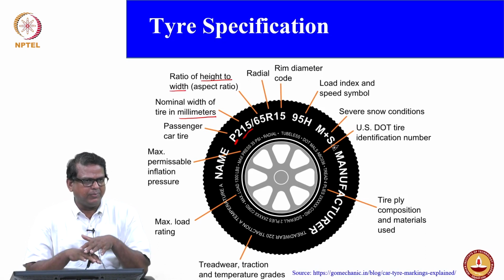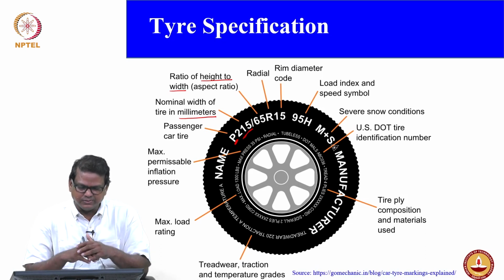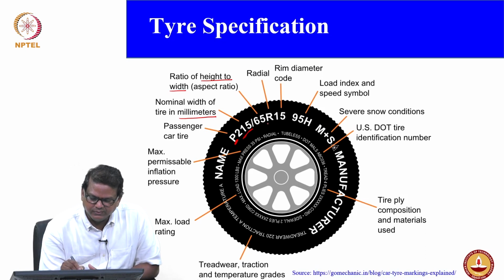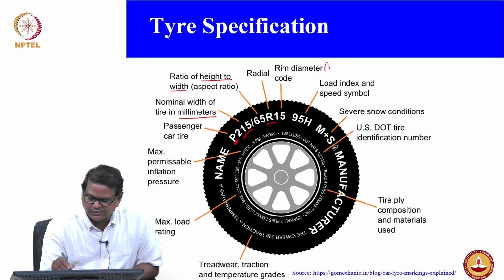It is called a radial pattern, or bias or ply. So these are the 3 ways the tires are built for better friction. And 15 is the rim diameter, given in inches.